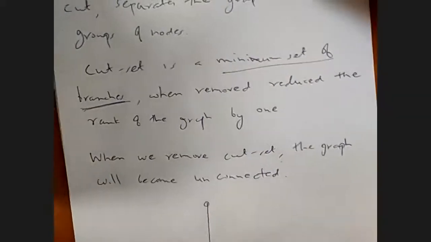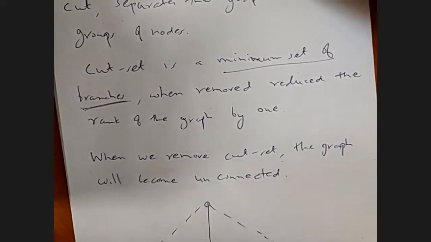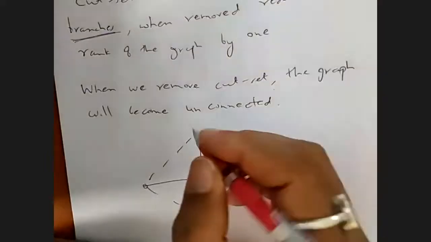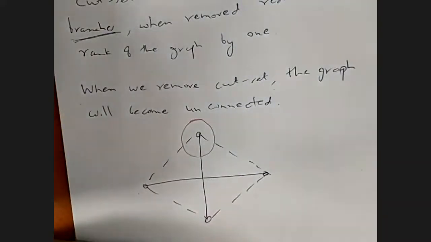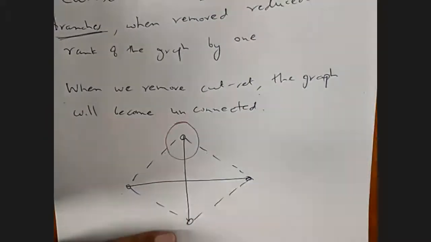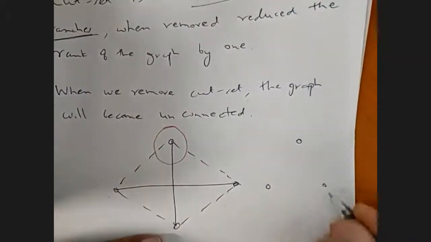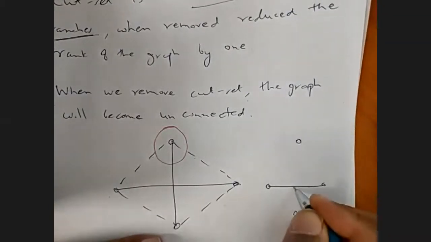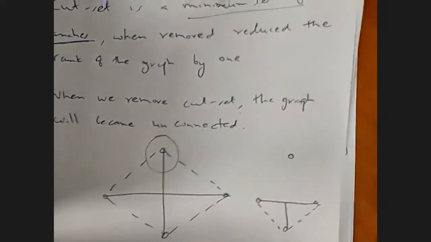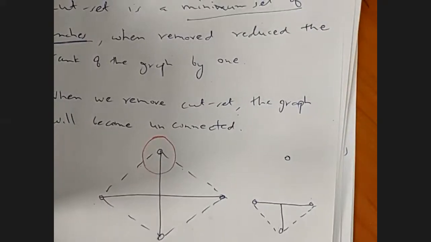Like for this network, we have this cut set. When we remove all the branches, this, and this, your graph is reduced to this. And this will be an unconnected graph because all the nodes are not connected.